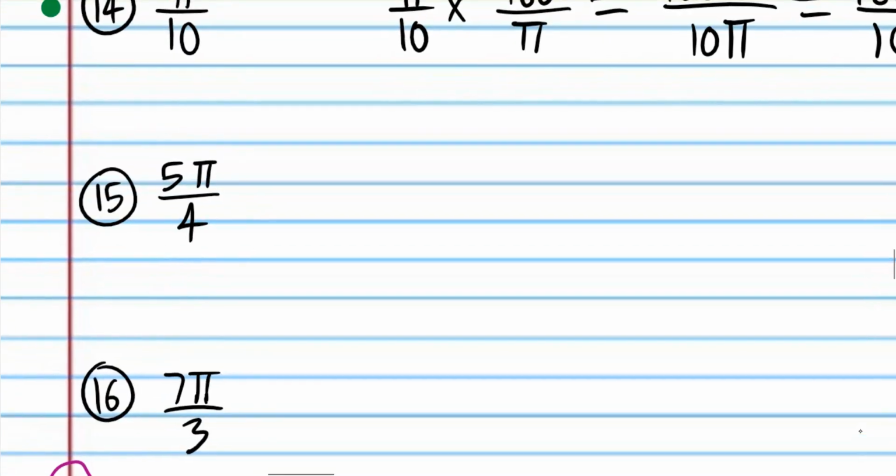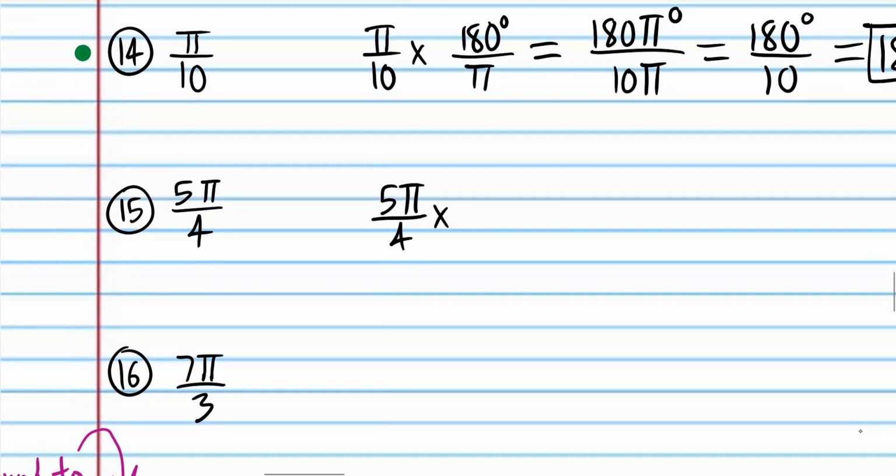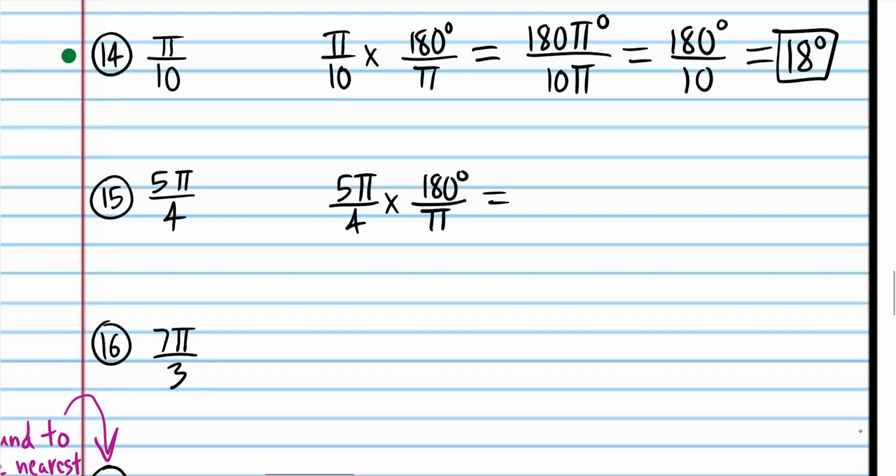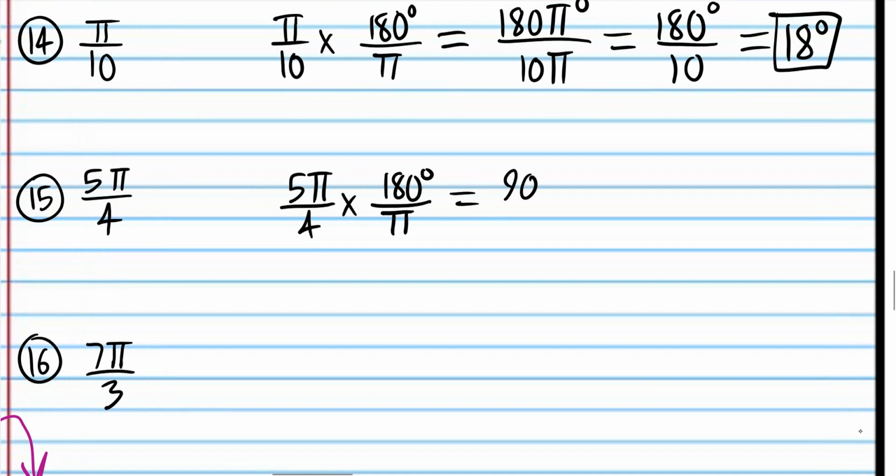All right, we're back. So we get 900 pi degrees over 4 pi. The pi's cancel out.